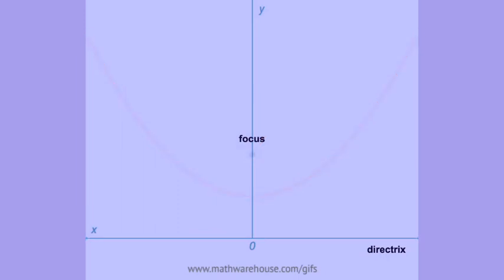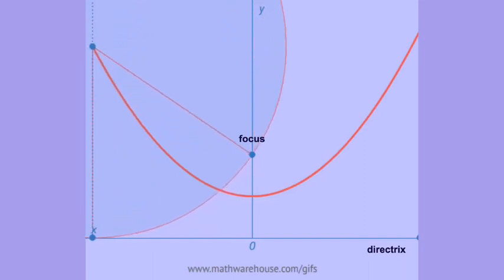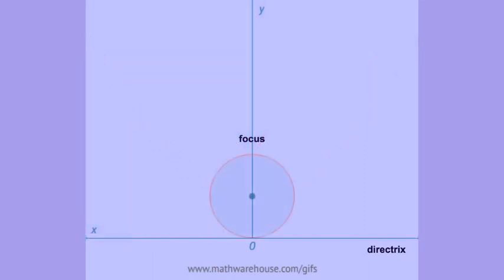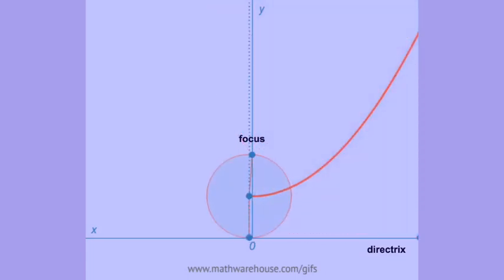Let's watch this again. We've got the directrix and the focal point, and we're drawing all of those points equidistant from that focal point and the directrix. That set of points being drawn makes up the whole parabola. So that is the geometric definition of a parabola. We're going to use that today.